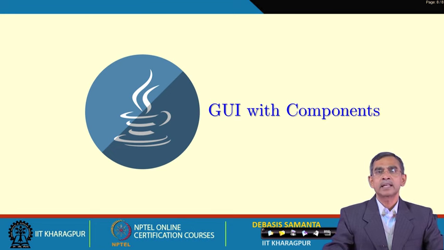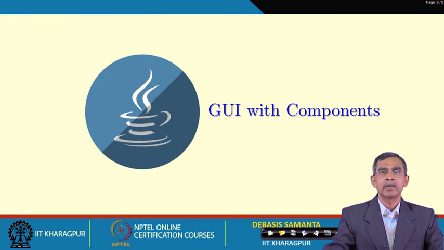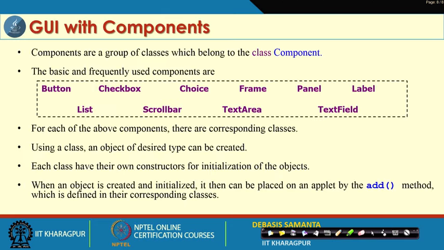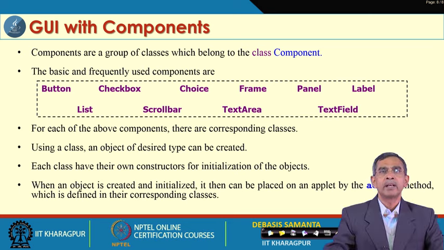Now, I will just discuss GUI development using the component that is there in AWT. Component is itself a class in AWT, and it has many subclasses like button, checkbox, choice, frame, panel, label, list, scrollbar, text area, text field, which I have included here. The name itself tells what each component element can do for us. Probably we are familiar with the button.